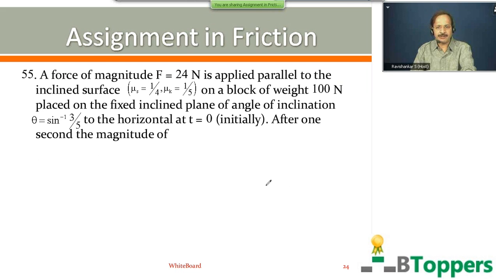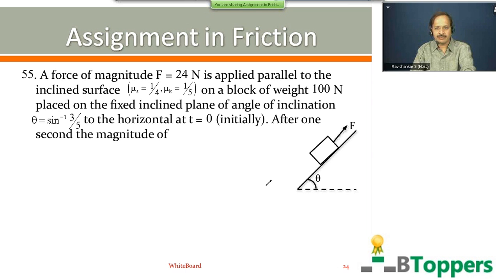See question number 55. A force of magnitude F equal to 24 Newton is applied parallel to the inclined surface. Nu s is equal to 1 by 4, nu k equal to 1 by 5, and a block of weight 100 Newton is placed on the fixed inclined plane of angle of inclination theta equals sin inverse 3 by 5 to the horizontal.